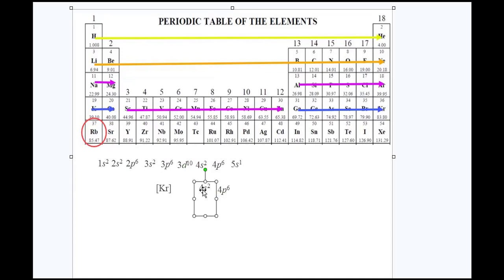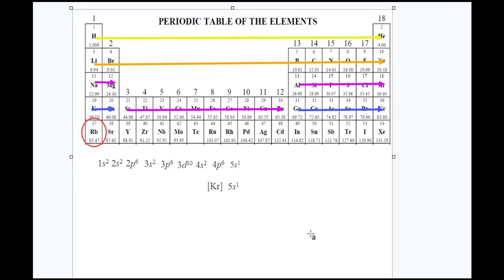That takes care of these guys. I'll cut that because krypton is 1s2, 2s2, 2p6, 3s2, 3p6, 3d10, 4s2, 4p6, all the way across. And we just have, this is a really nice abbreviation, 5s1. Here, 36 electrons, krypton. 1 more electron, rubidium.